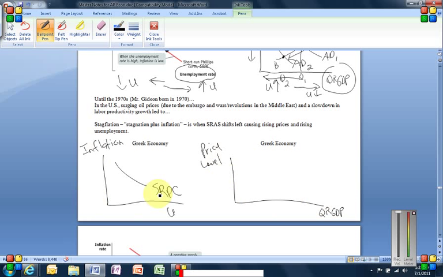So let's say that it's Greece, or it's United States, or it's Great Britain, regardless, and 1970 hits. And things start to change, and we have SRAS shifting left. We just throw some labels down over here, and we start again at point A, but SRAS shifts to the left.